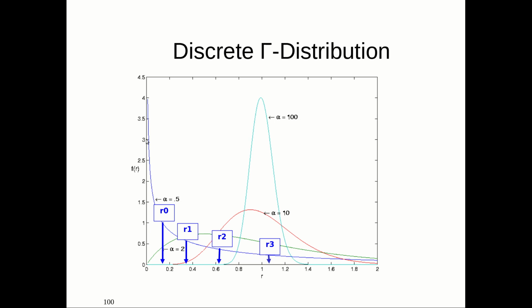What we do is that we integrate the likelihood over this gamma curve, and we do so for each site independently. Evidently, this is a continuous integral which we cannot calculate on a computer. So what we do is a discrete approximation of the integral. We select specific discrete rates and then just sum over the likelihood values at those discrete rates to approximate the integral over the gamma function.